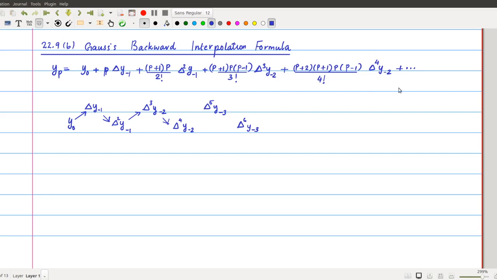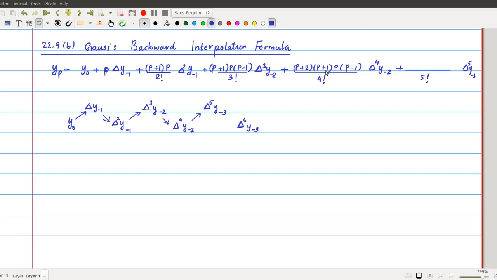So how will you write the next term? That's the idea here. In order to write the next term, we will use delta raised to 5 y minus 3 along with a factor divided by 5 factorial.